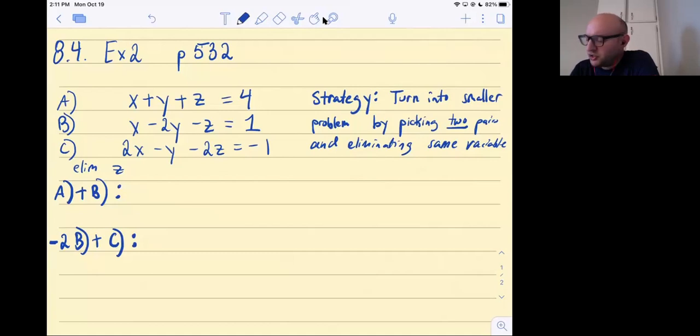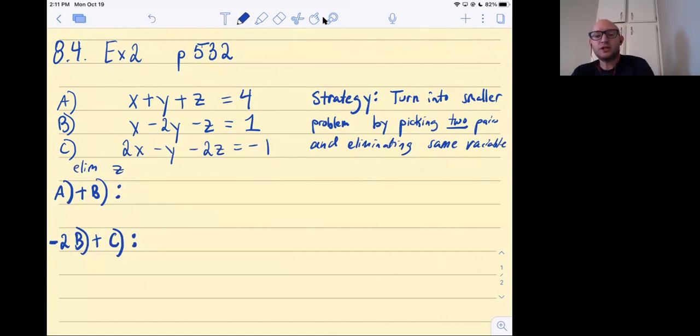So what is our first equation that will only have x and y? Yes, exactly. Gabby, perfect. You want to get rid of the z for both equations. That's our strategy.